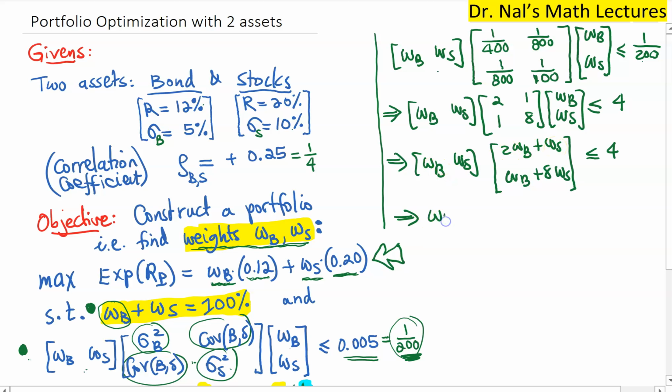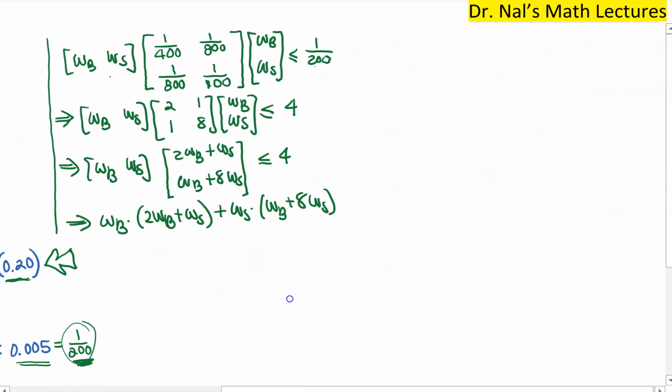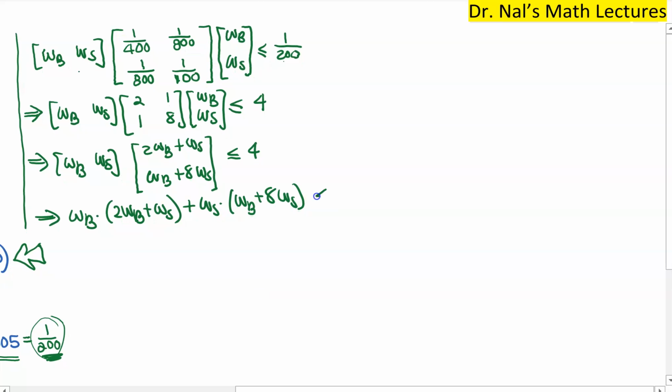Let's just do it in 2 steps, I guess. WB times (2WB plus WS) plus WS times (WB plus 8WS), and that whole thing is supposed to be less than or equal to 4.